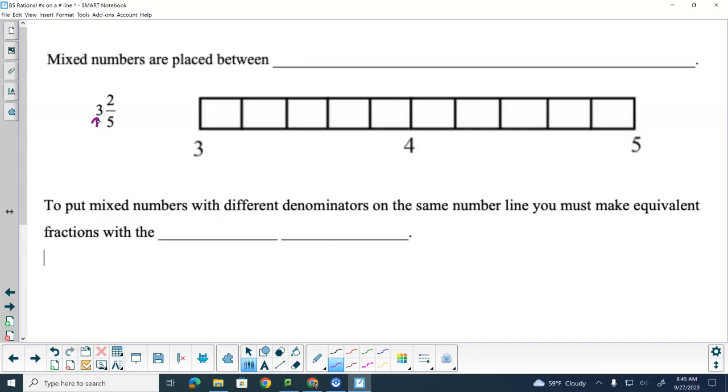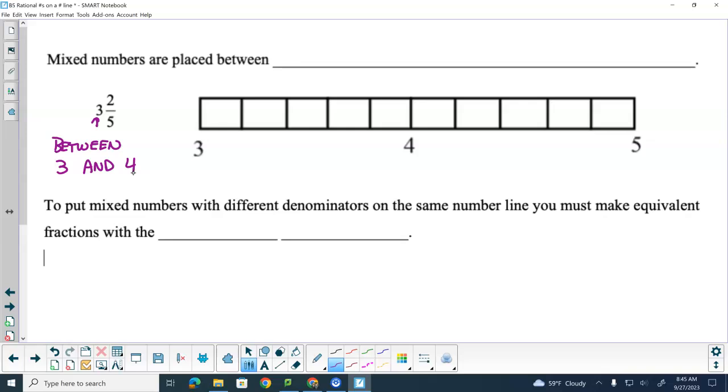So this one is going to be between 3 and 4. That's the cool part about mixed numbers. It already gives you that lower part. That's the whole number part.